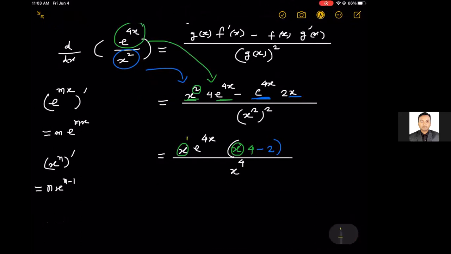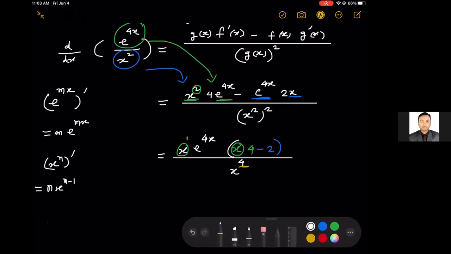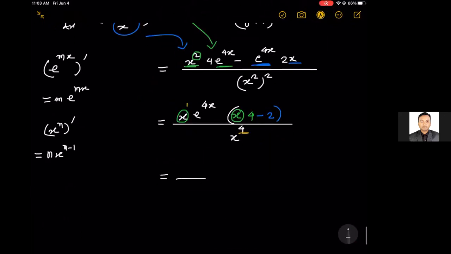We have x to the 1 here and x to the 4th here. If we cancel out one of these, we get x cubed in the denominator. We have e to the 4x times 4x minus 2 over x cubed. This is our final answer.